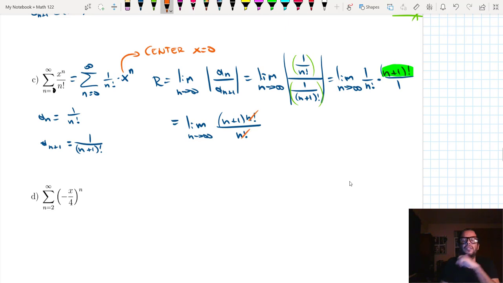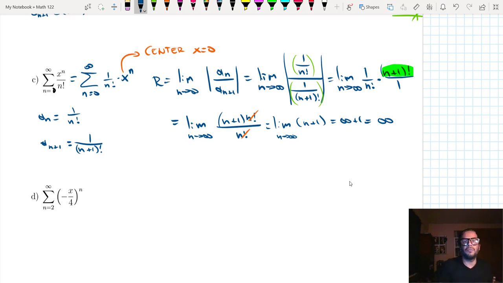So the limit equals the limit as n approaches infinity of n plus 1. What happens if we plug in infinity? We get infinity plus 1, which is simply infinity. So we have an infinite radius of convergence.